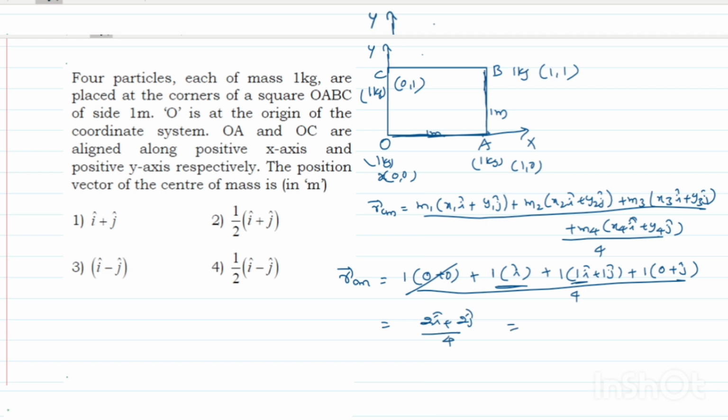Taking 2 common, we get (i cap plus j cap) by 2. So this is the correct answer.